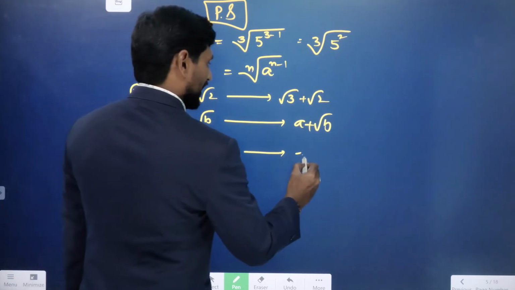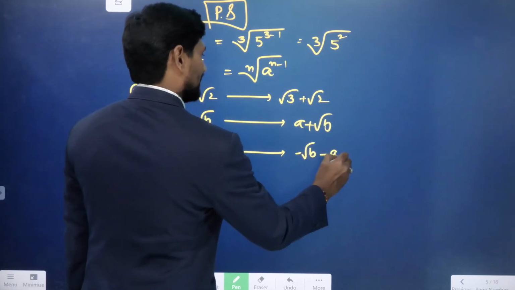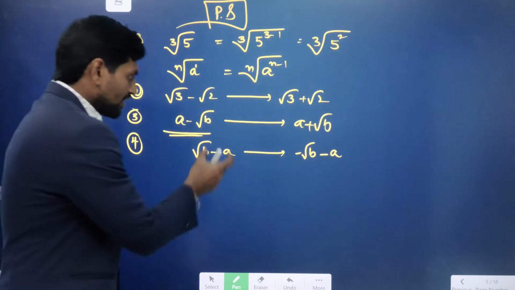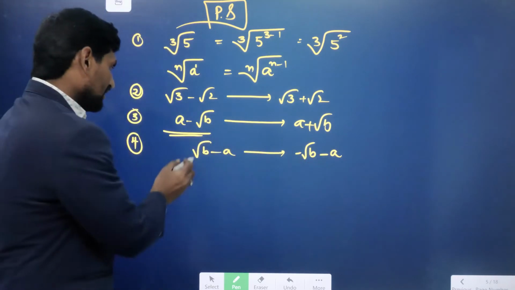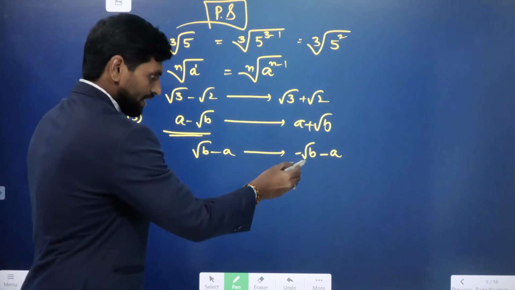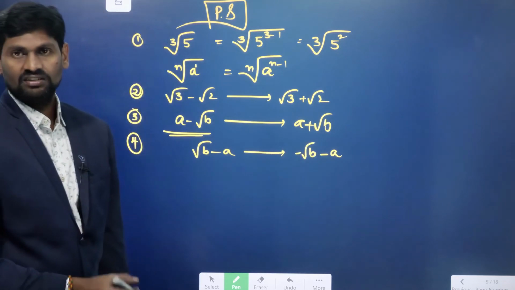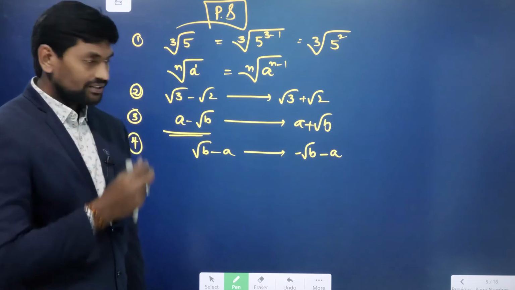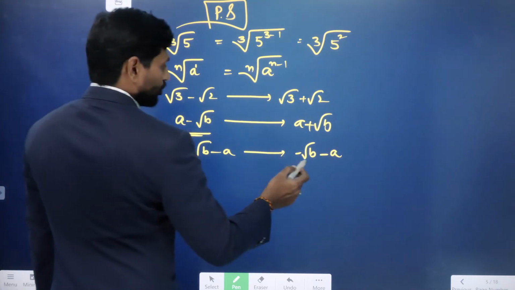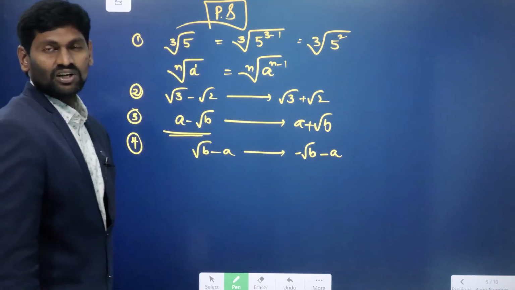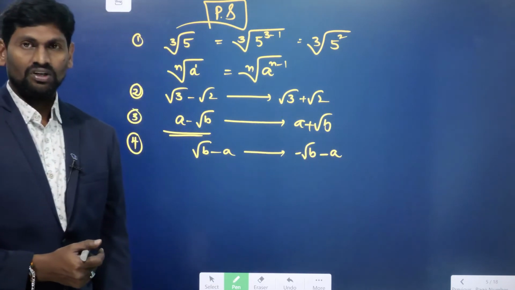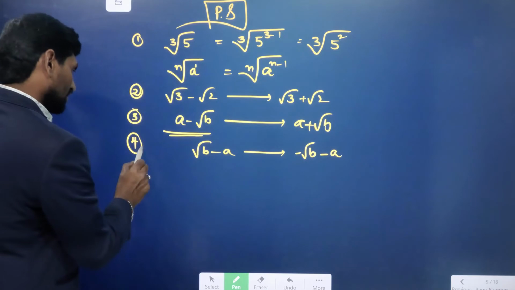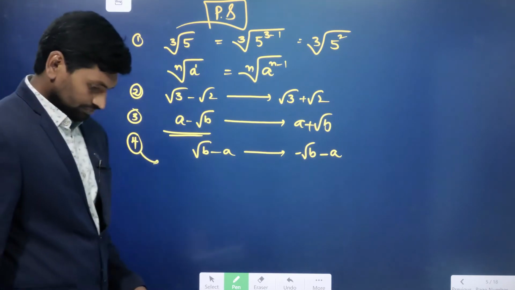No, it is minus root b minus a, because while you are adding, the surd part also should be eliminated. This is plus root b; if you add minus root b, only then will it be cancelled. That is the conjugate. For the rationalizing factor, we can take root b plus a directly. If you ask about the conjugate, only then should you take it like this. Right. Now question number 4.